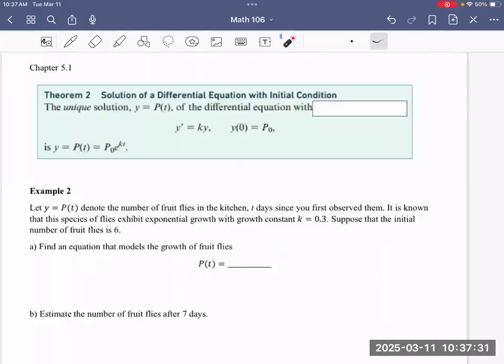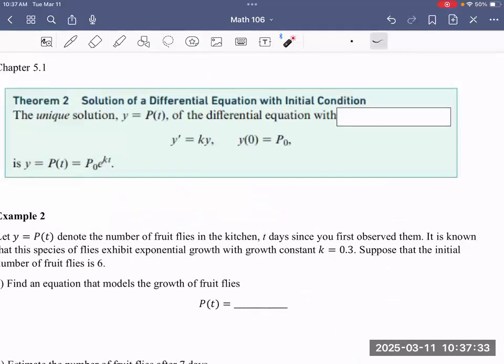Now that is a smooth transition into when we're talking about some sort of solution for your differential equation with an initial condition. That is to say that this is your y-intercept. Where is your value starting?